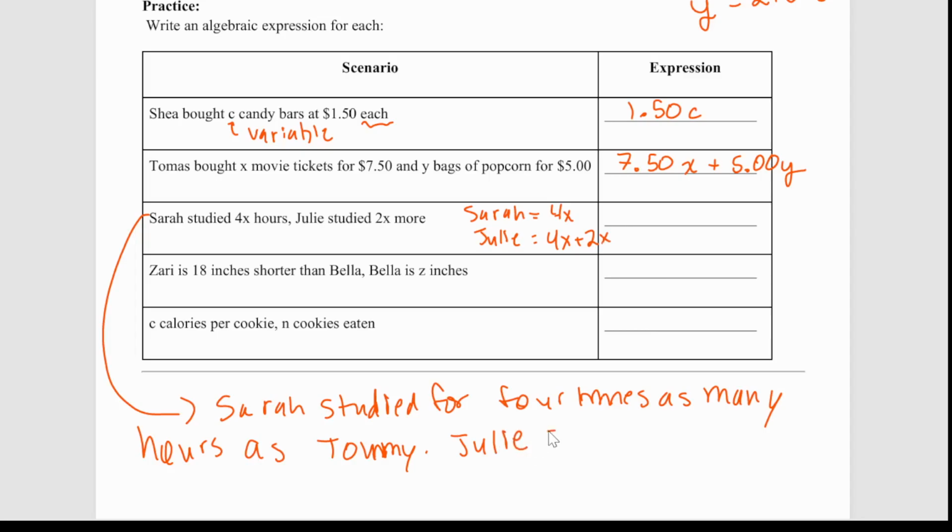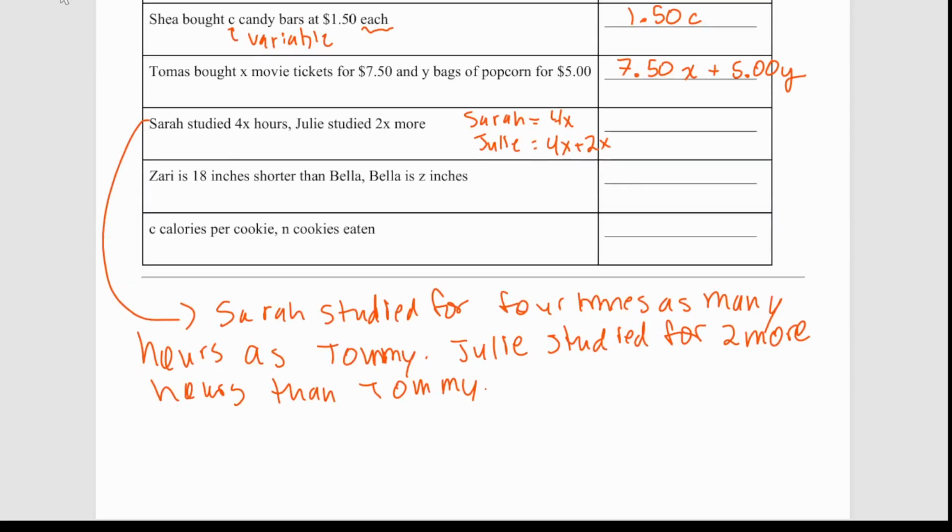Julie studied for 2 more hours than Tommy. So with this new problem, let's think through how that would look. In this case, Tommy's sort of the reference point, so we're going to make him T hours.